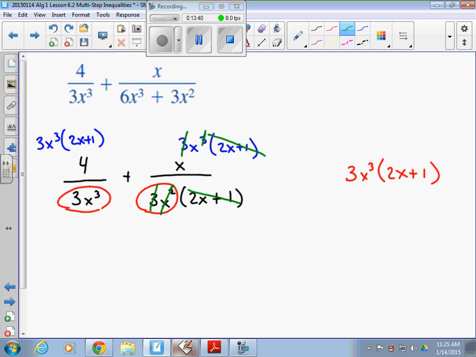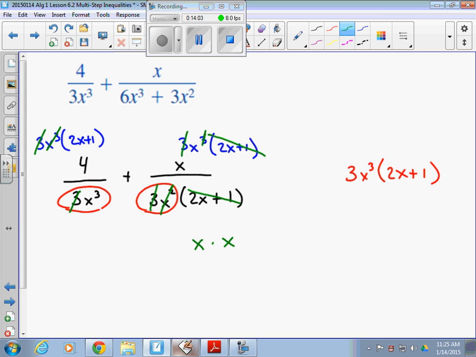So the right fraction at the top is going to leave you with x times x, because there was an x up there already. And after you put in the denominator, you're going to have an x at the top to multiply by. The left fraction, we see 3x. We can cancel out 3.